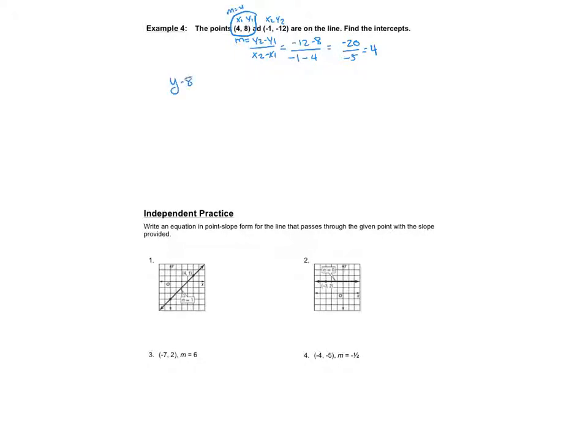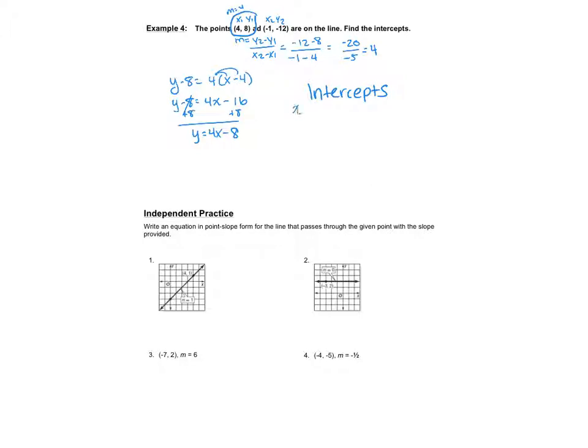So y minus 8 equals 4 times x minus 4. Step 1 would be to distribute, so I get 4x minus 16. And step 2 is to isolate y, so y equals 4x minus 8. Now I can find the intercepts. One way to find the intercepts is to do the cover-up method.